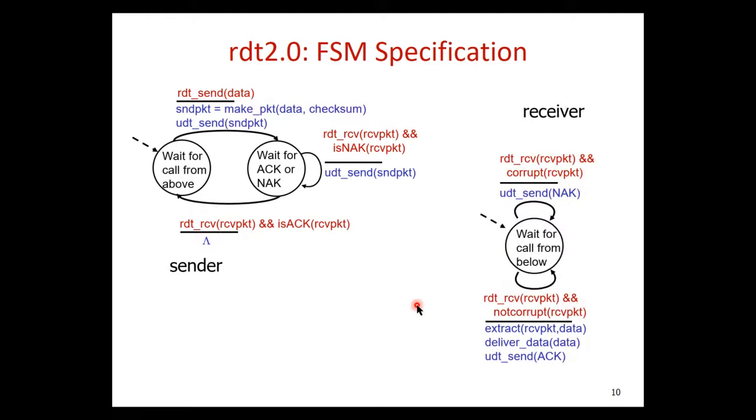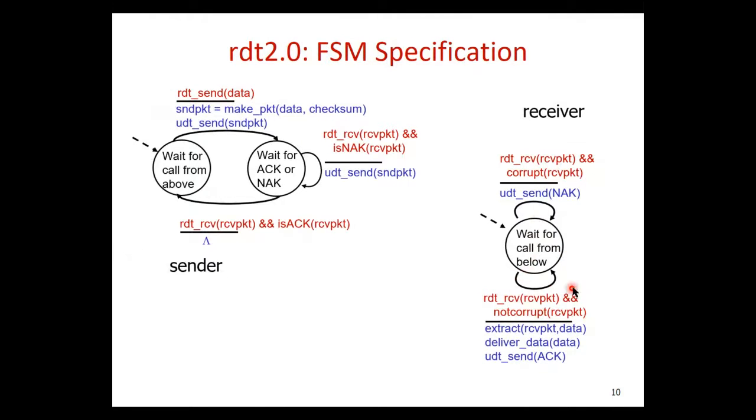Okay, and then at the receiver, this is the FSM. So essentially, there are two cases. If the error is detected or no error is detected, right? So if the error is detected, which is this case, receive a packet and corrupt, meaning an error is detected, then send a negative ACK, and then wait again, right, for the retransmitted packet.